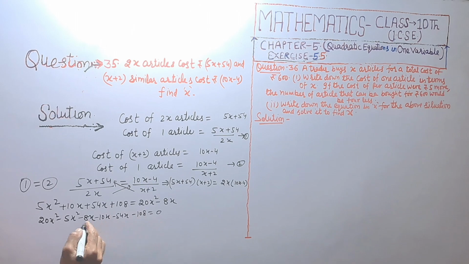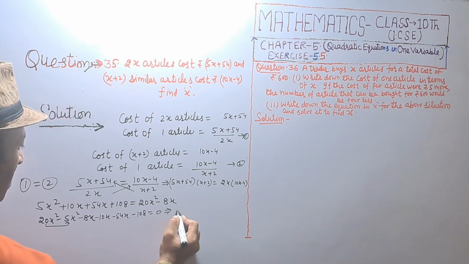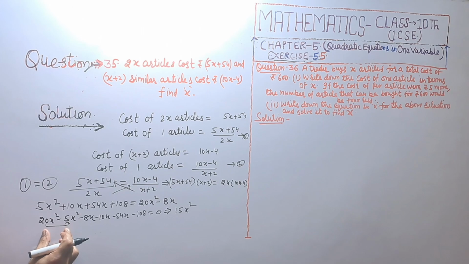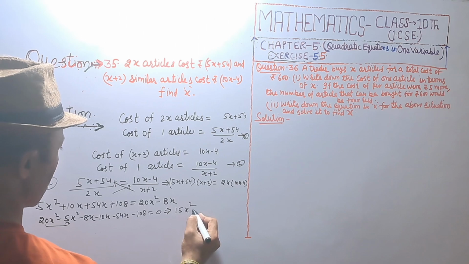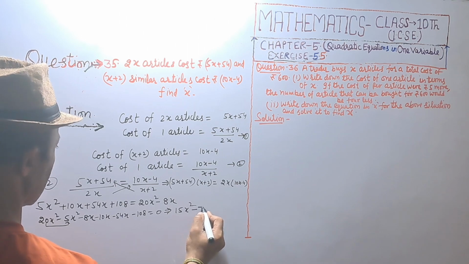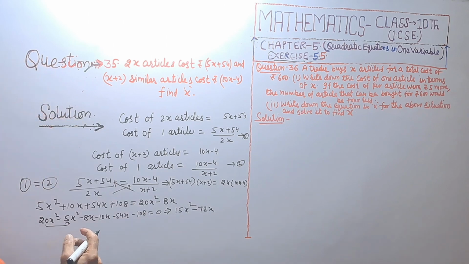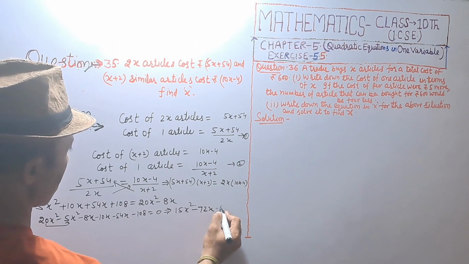And 20x square minus 5x square, which implies 15x square, and 54 plus 10, 64 plus 8, that is 72x. Minus 108 equal to 0.